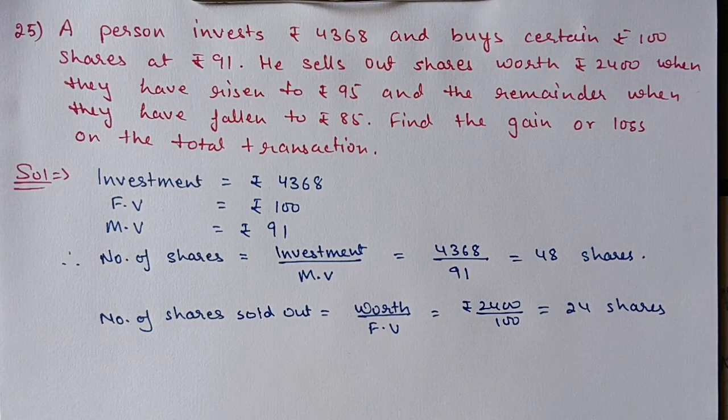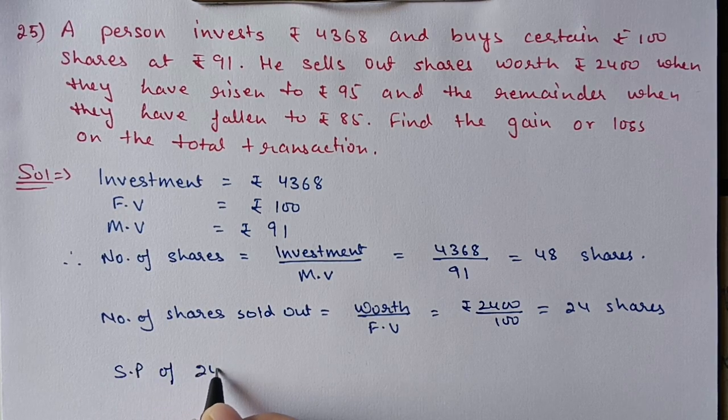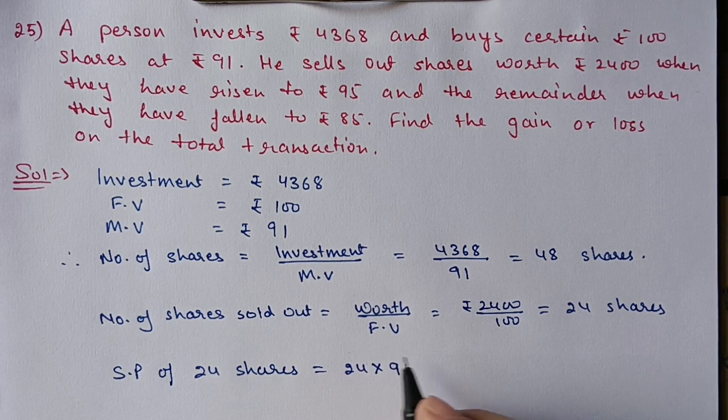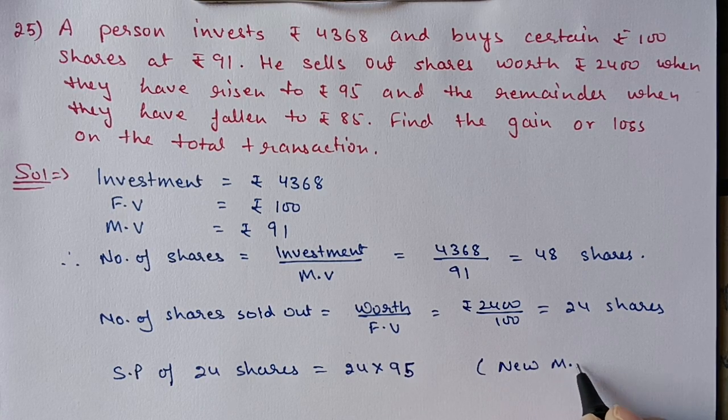So the selling price of 24 shares will be 24 shares into the market value, means 91 rupees. So sorry, we will take here 95 rupees because the new market value is 95 rupees.